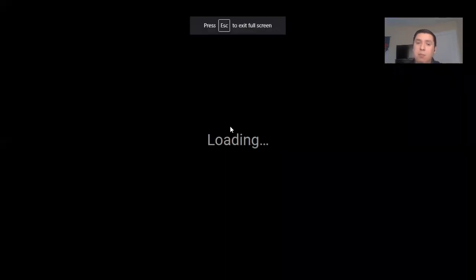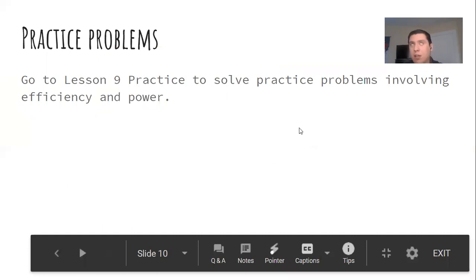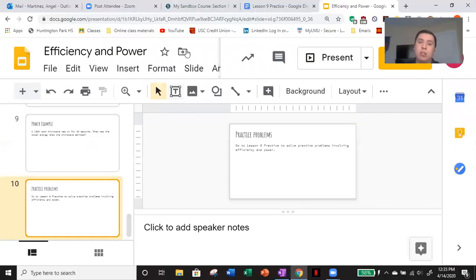Now there's practice problems for you to do. These practice problems involve calculating efficiency and power in just some simple word problems. Right now, we're going to focus on the calculations. Next lesson, we're going to talk about incorporating power and efficiency for actual power plants.